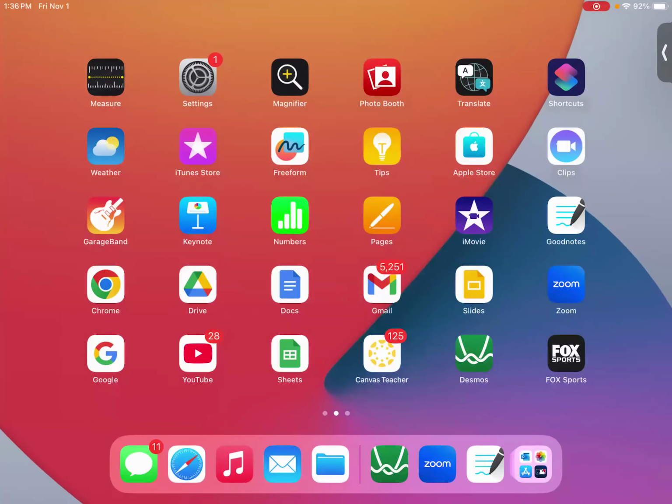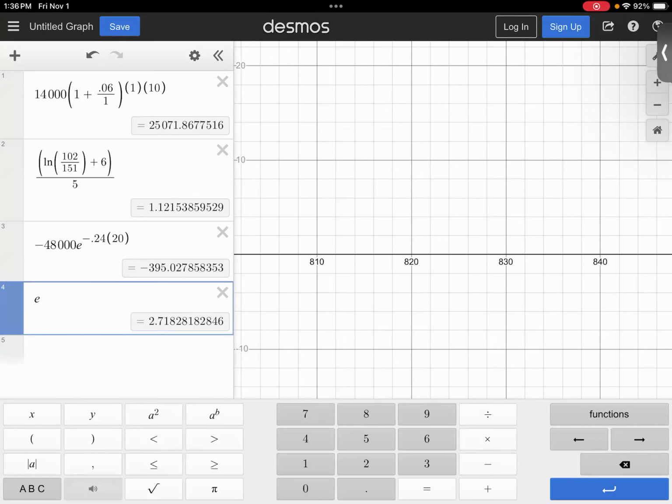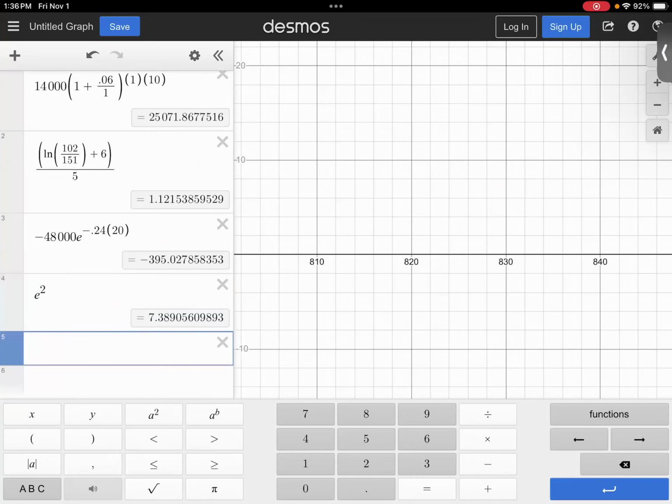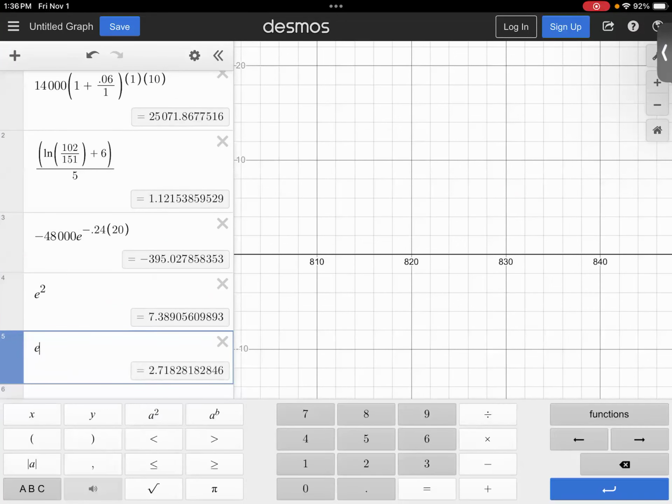So going back to Desmos, e to, make sure to click this option here next to the a squared, a to the b. We wanted to put 2, so that would be 7.389. Likewise, I'm going to do the same thing. Go to ABC, click e, go back, raise it to -3.